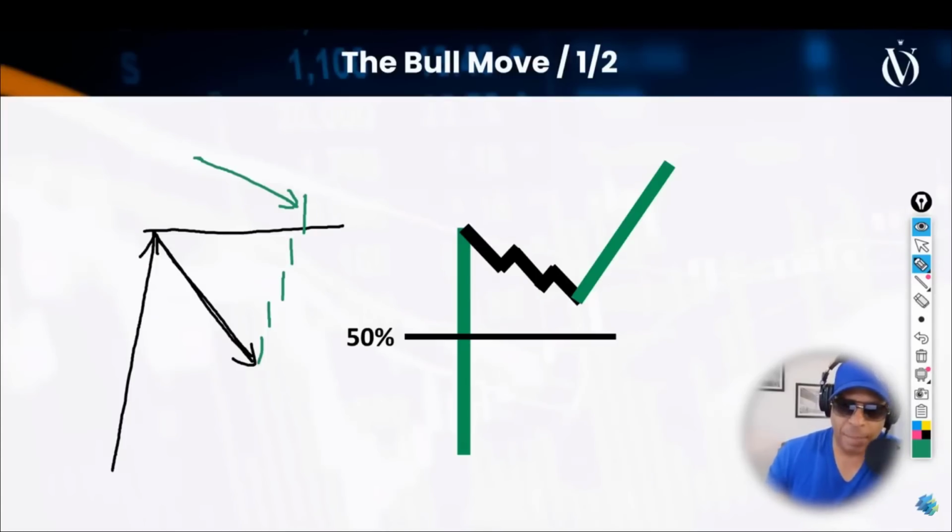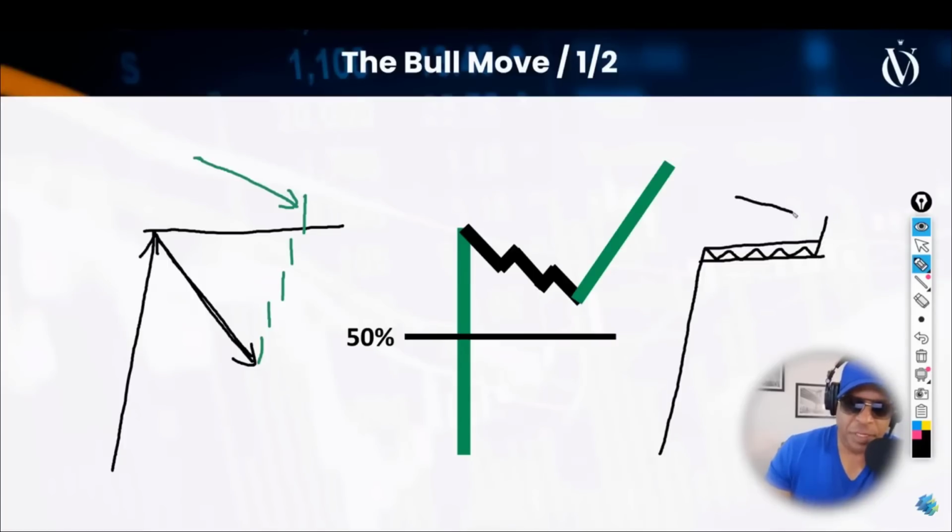Okay? However, in this scenario, when you are making, boom, this new high, it's just beginning. You see the difference? So this new high is fresher than this new high because the run started from here, versus, in this case, the run is starting from here and is still fresh at the breakout point.